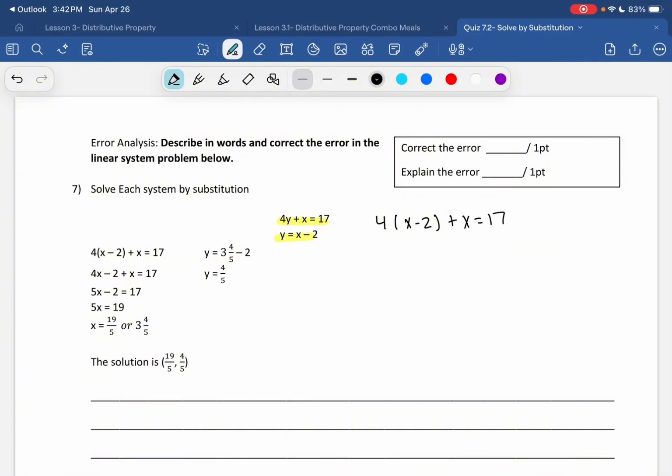I'm going to distribute 4 to x and negative 2. So now I have 4x minus 8 plus x equals 17. I'm going to combine like terms, 4x plus x.